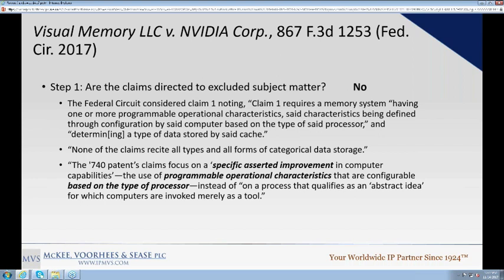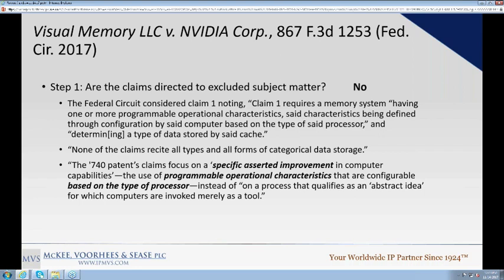And then they said that the specific asserted improvement uses these programmable operational characteristics that are configurable based on the type of processor. Based on that, this is not an abstract idea because you've actually identified some structures, some hardware, this processor. It's a specific type of processor. It's not just generically claiming, as a lot of people want to try to claim such broad things: well, this could be modified to work with these processors or these processors or these processors.